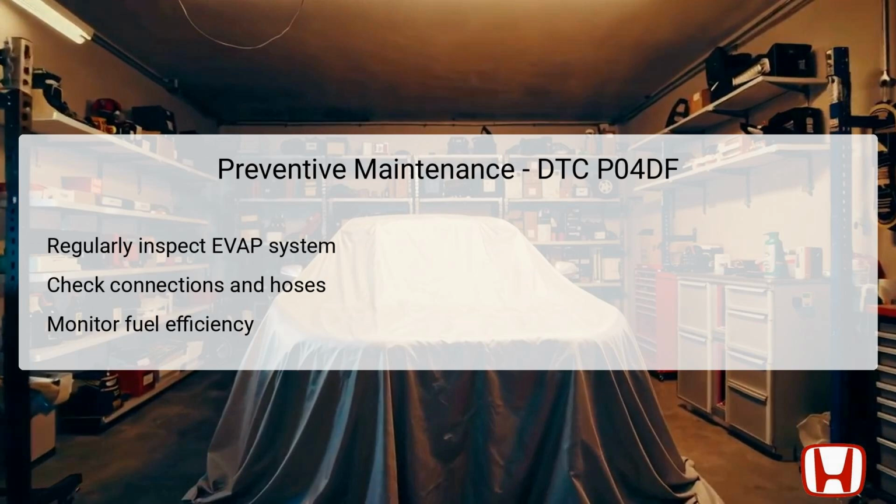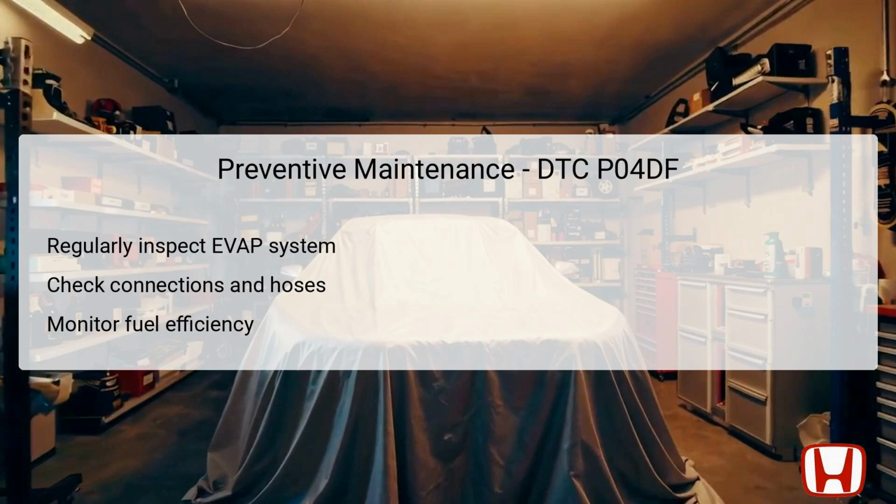Technicians should pay close attention to the integrity of connections and hoses that link the various components. Any wear or damage can lead to erratic fuel vapor flow and subsequent emissions issues. Additionally, monitoring fuel efficiency can serve as an early indicator of EVAP system malfunction. A sudden drop in fuel economy may suggest issues that need immediate attention.